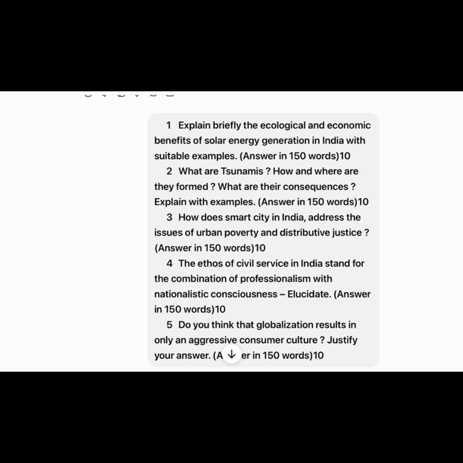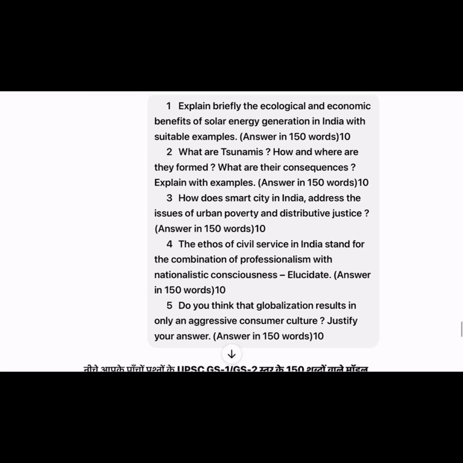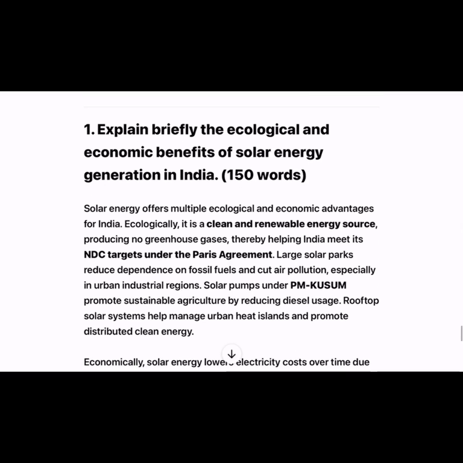Fourth, the ethos of civil service in India stands for the combination of professionalism and nationalistic consciousness. Elucidate. Fifth, do you think that globalization results in only an aggressive consumer culture? Justify your answer.